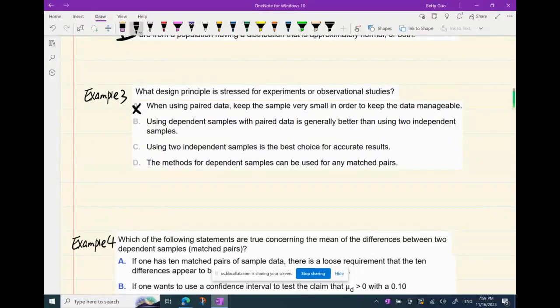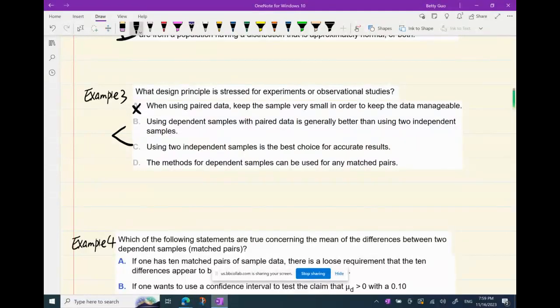Let's look at B. Using dependent samples with paired data is generally better than using 2 independent samples. C says using 2 independent samples is the best choice for accurate results.